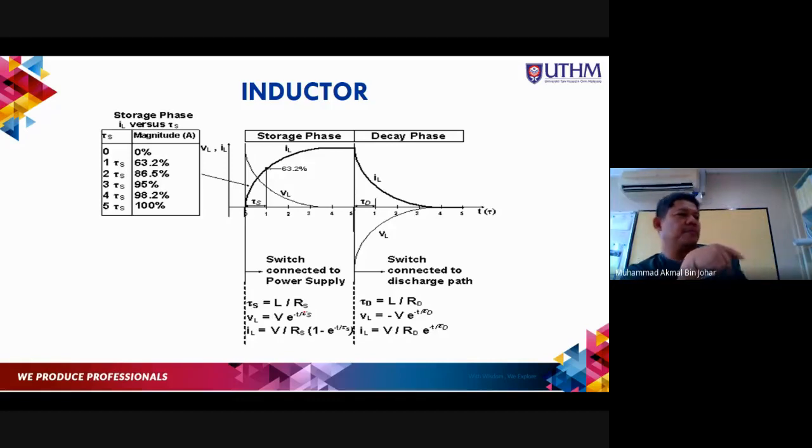Okay, so VL and IL can be calculated in the same manner. All these, the charging and discharging, happen really fast, but they serve a certain purpose inside the circuit elements.